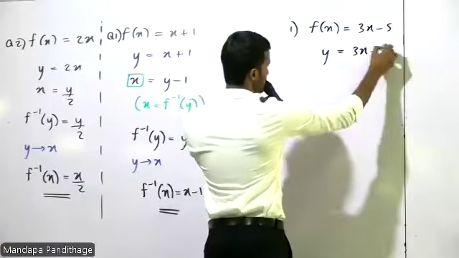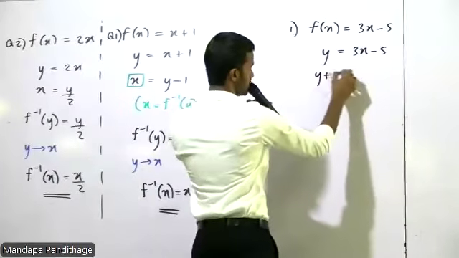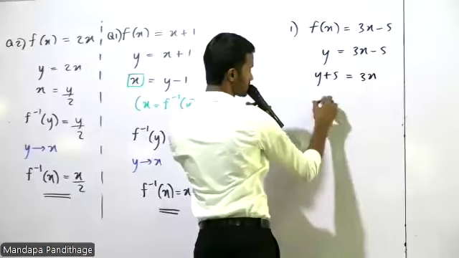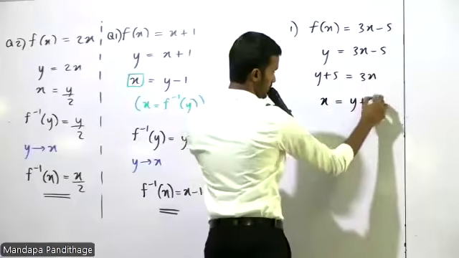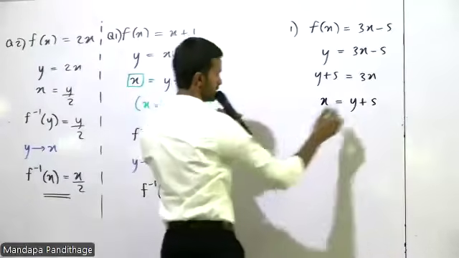First subject x, so you get y plus 5 is equal to 3x. So x is equal to y plus 5, divided by 3.